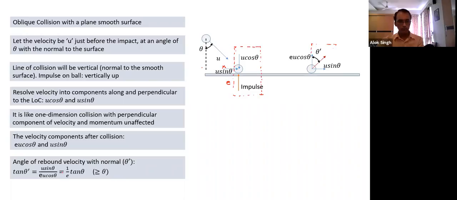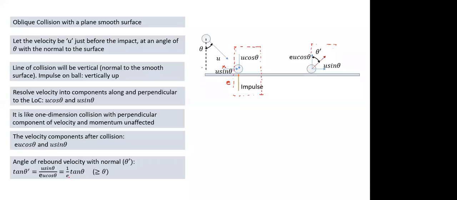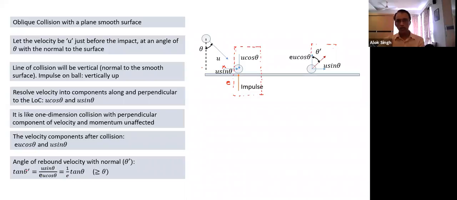Looking at this equation, is the term on the right hand side greater than tan theta or less than tan theta? Greater than tan theta. So theta dash also will be greater, except it will be equal when e is equal to 1. So if it is a perfectly elastic collision, it will rebound at the same angle. But if it is not perfectly elastic, it will rebound at an angle greater than theta.